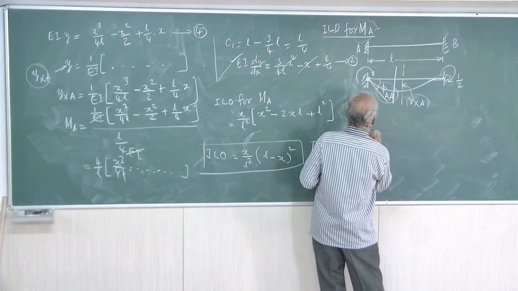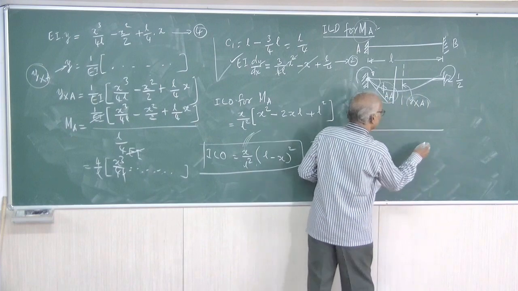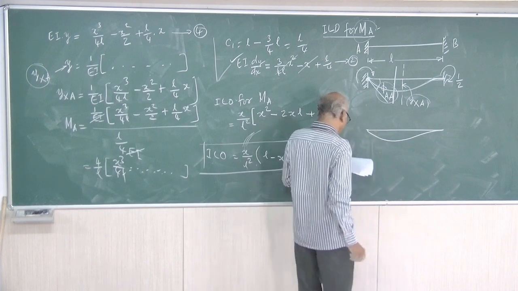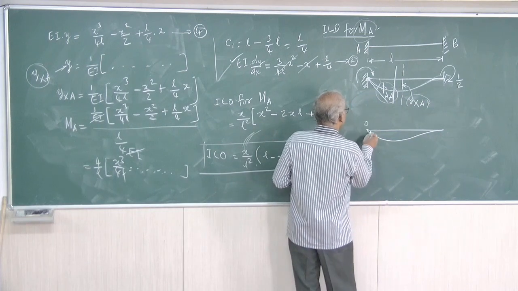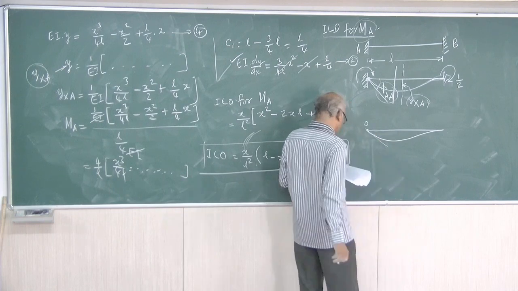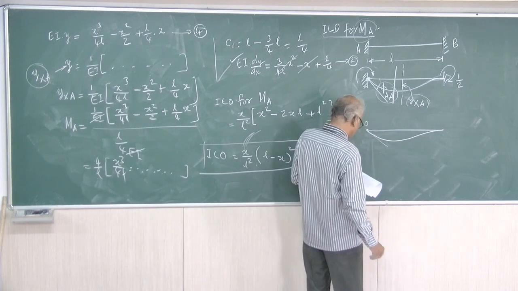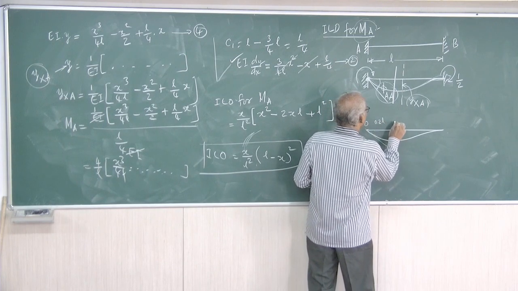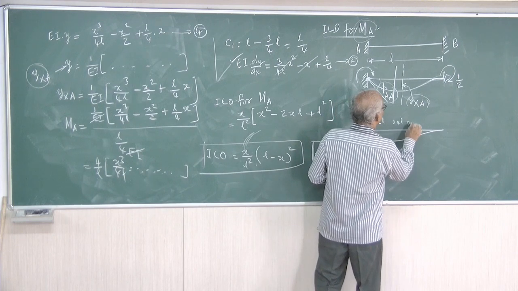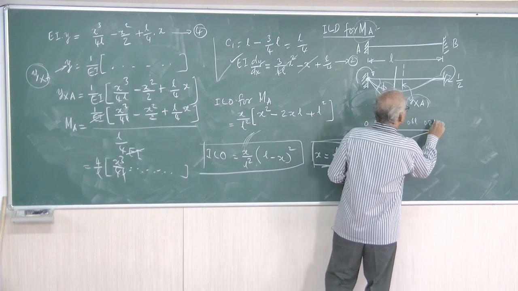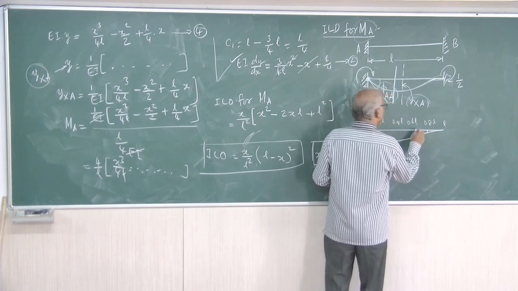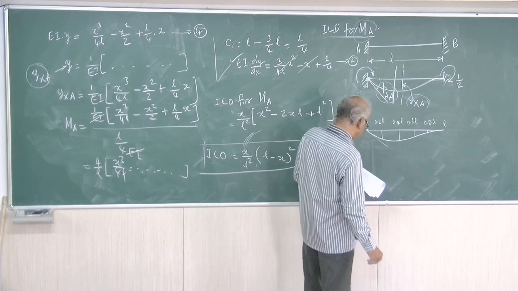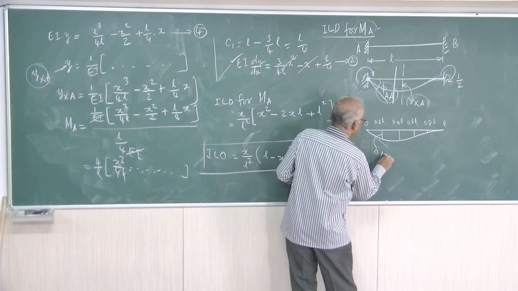The ILD for MA will be as follows. Here it is 0 at the start because we want only theta equal to unity. You will have to get the values at 0.2L, 0.4L, 0.6L, 0.8L and L. At 0.2L the value will be 0.128L.